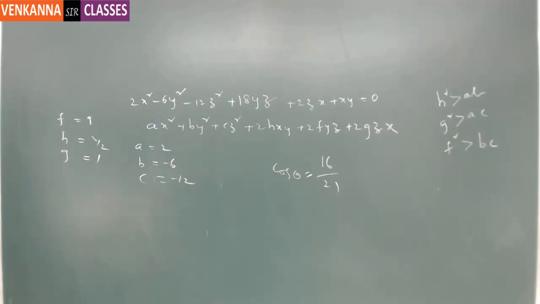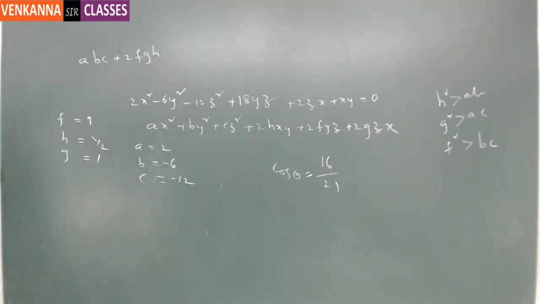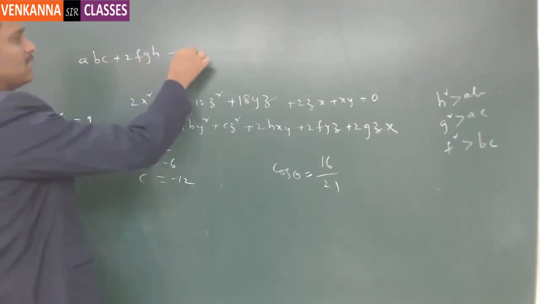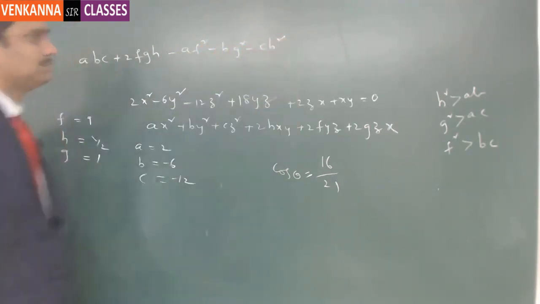And give me your reply, because one problem is enough for this concept. Much practice is not at all required. It is only a formula based question. One more thing is, apart from calculating the determinant, if you expand the determinant, the formula I have given, the expansion of the determinant is nothing but ABC plus 2FGH minus AF square minus BG square minus CH square.